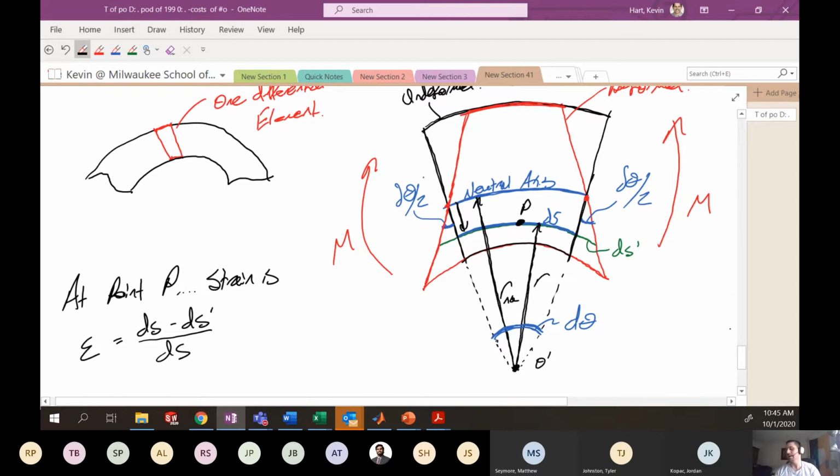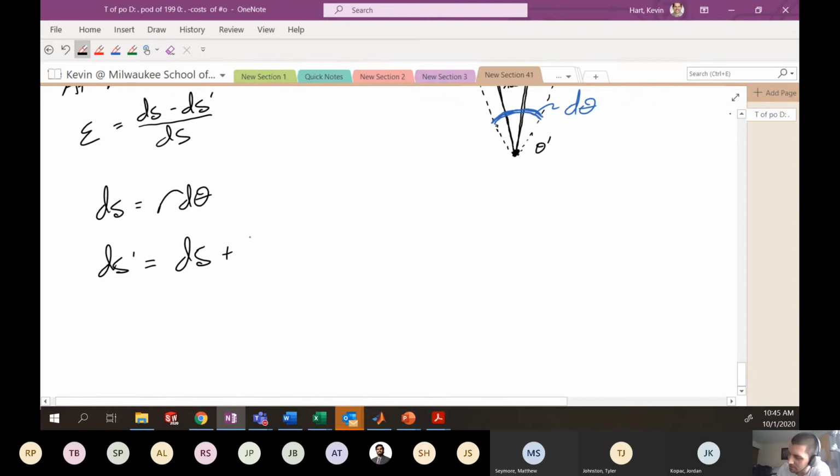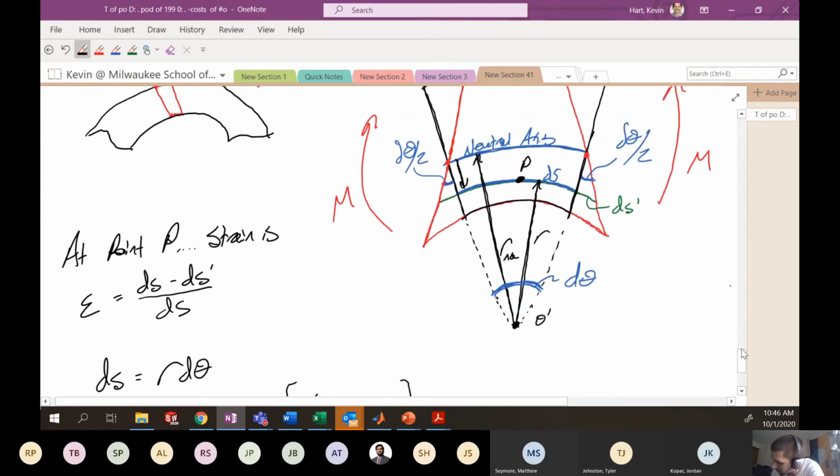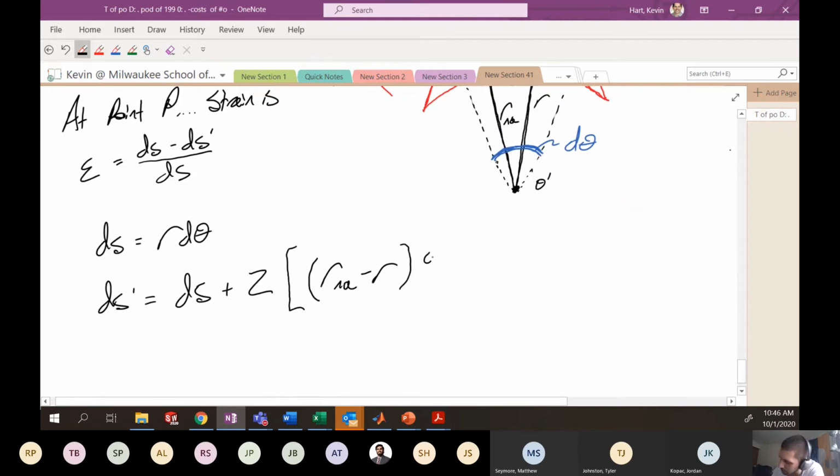Okay. So again, an arc length, where this length here is RNA minus R, and our angle that we sweep through is delta theta on 2. So we have 2 of them on either side of the element. We have our radius of curvature to that location, which is RNA minus R. That is this length here, multiplied by the angle that we sweep through, which is delta theta on 2.